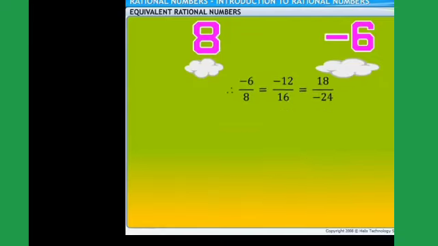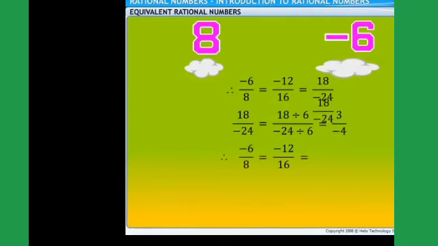Similarly, we can divide the numerator and the denominator of a rational number by the same integer to get another rational number that is equal to the given number. Dividing 18 and -24 by 6, we get another rational number 3 divided by -4. This rational number is equal to the previous three rational numbers.